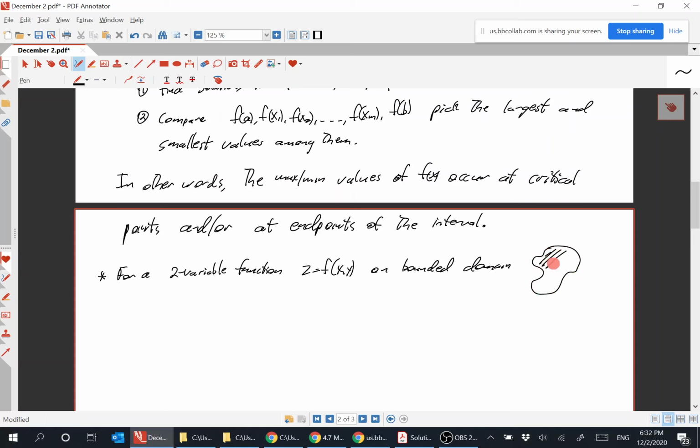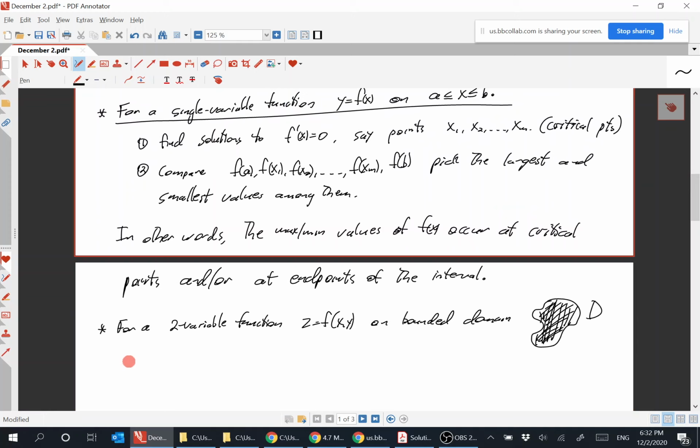It's some potato-shaped thing, right? On some bounded domain D, the max and min values, it's the same thing as the single variable case. The max and min values of f of x, y occur at critical points and/or on the boundary of D.